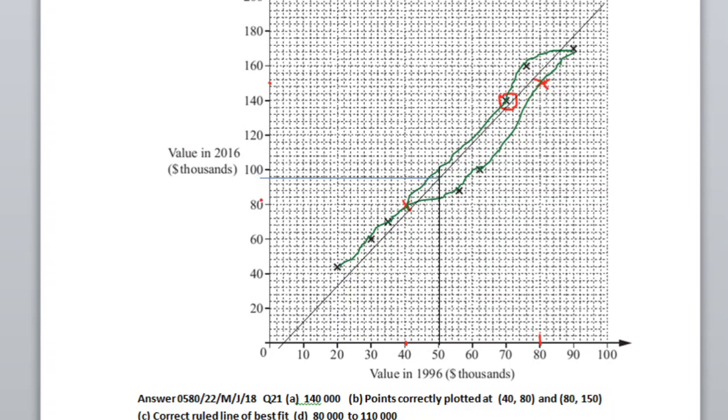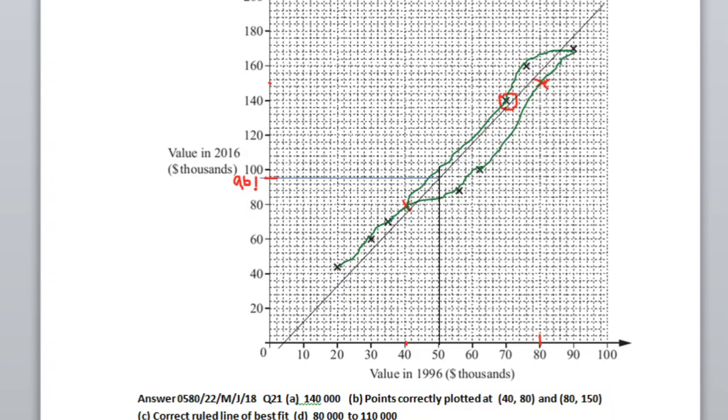And let's read this point. This is 80, 82, 84, 86, 88, 92 and 96. So I'm getting 96,000 for the line of best fit I've made.